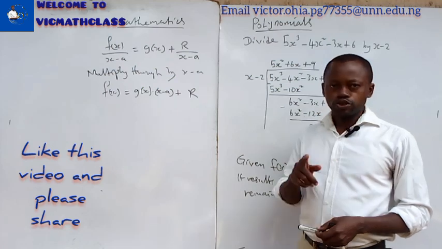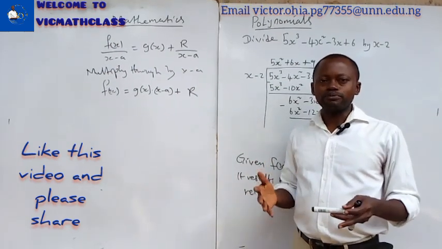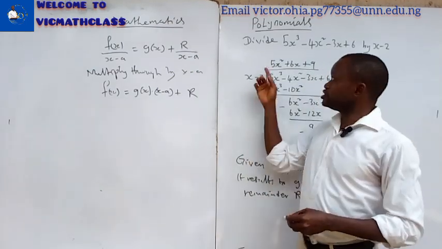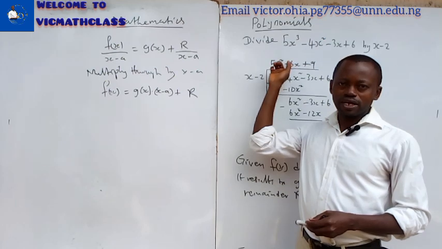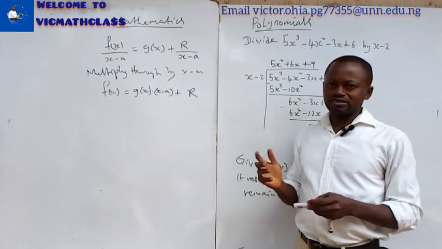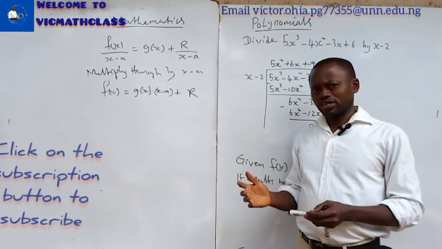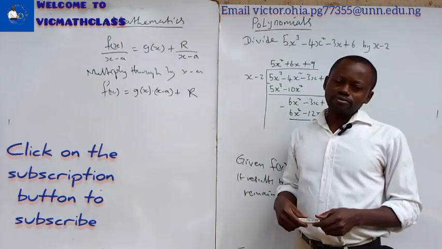All right, in the next class we will take a look at how one can factorize a cubic equation, if the possibility is there for a cubic equation to be factorizable and the condition under which it can be factorizable. That's the next class, please.